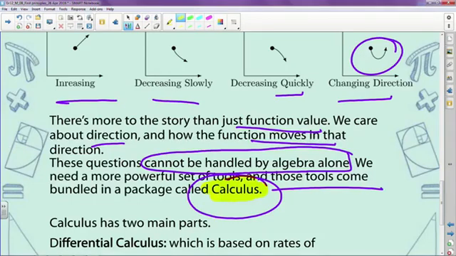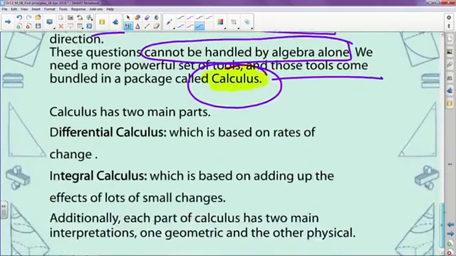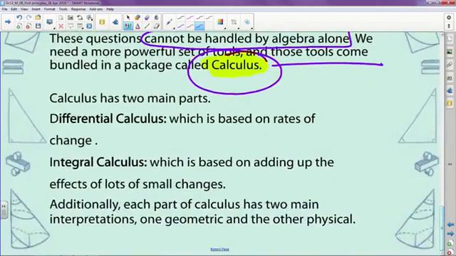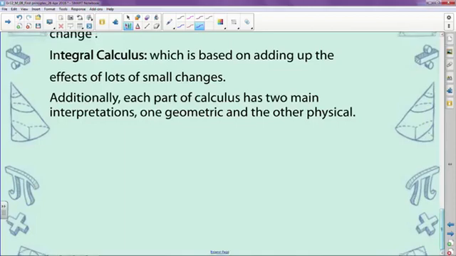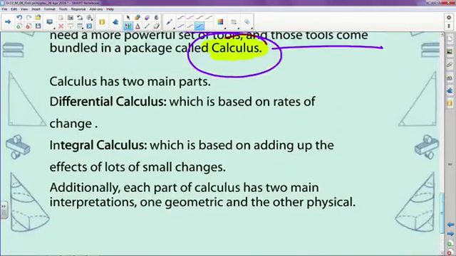We're talking about calculus, the special set of tools that tells us so much more than just what a function value is. All right. Now, calculus is divided into two parts. We talk about differential calculus, which is based on rates of change, okay? And then we talk about integral calculus, which is based on adding up the effects of small changes.